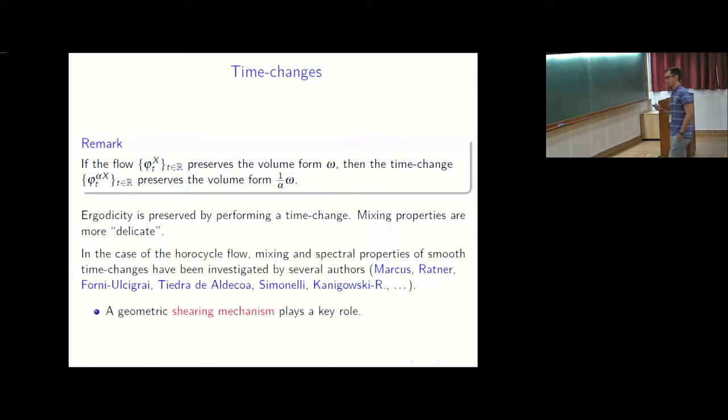In the case of the horocycle flow, mixing and spectral properties have been investigated, starting from Marcus, who exploited a form of shearing mechanism to prove mixing for horocycle flows on non-constant negatively curved manifolds. For the horocycle flow, this shearing mechanism works by taking some short geodesic segment and flowing it by the horocycle flow.